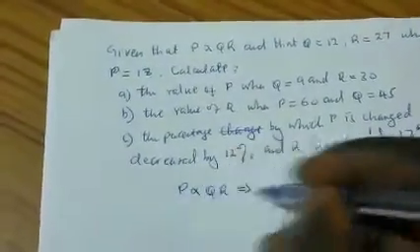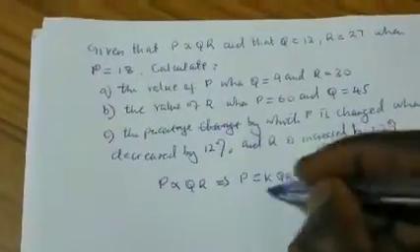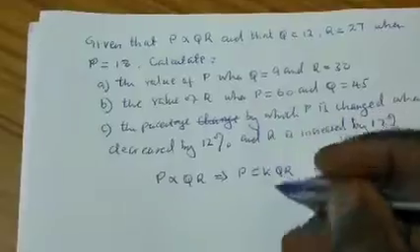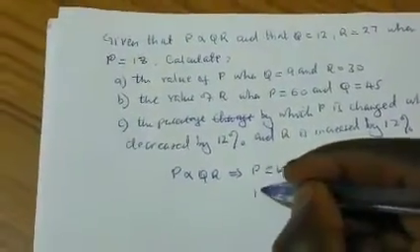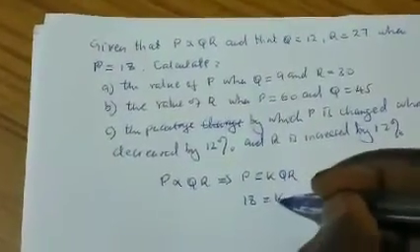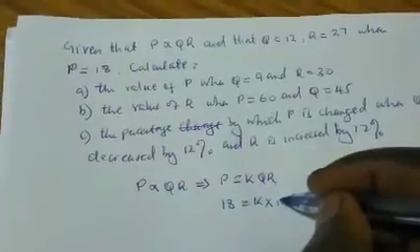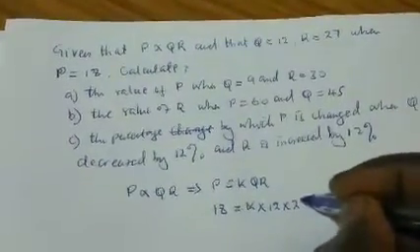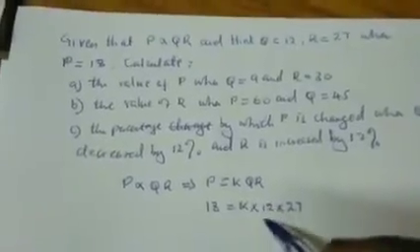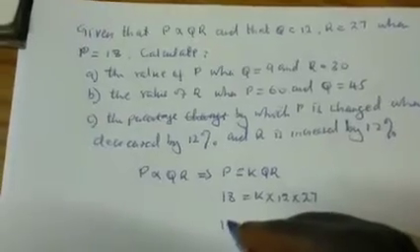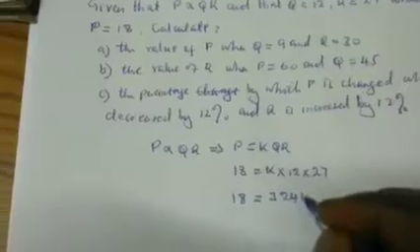So we remove the proportionality sign so that P is equal to KQR, where K is now the constant of proportionality. So we are told that P is 18, so 18 equals K times Q, which is 12, times 27. Now we are saying that 18 is equal to 324K.